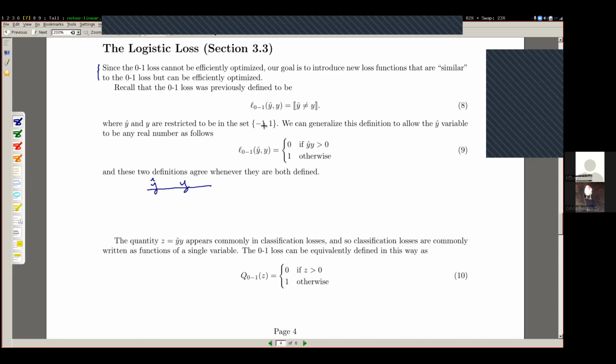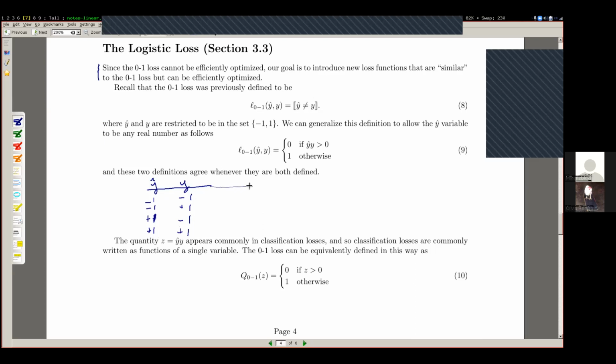So these can only take -1, +1. So -1, -1, +1, +1. And then the y value itself also -1, +1, -1, +1. So there's only 4 different possible inputs to this particular loss function right here.